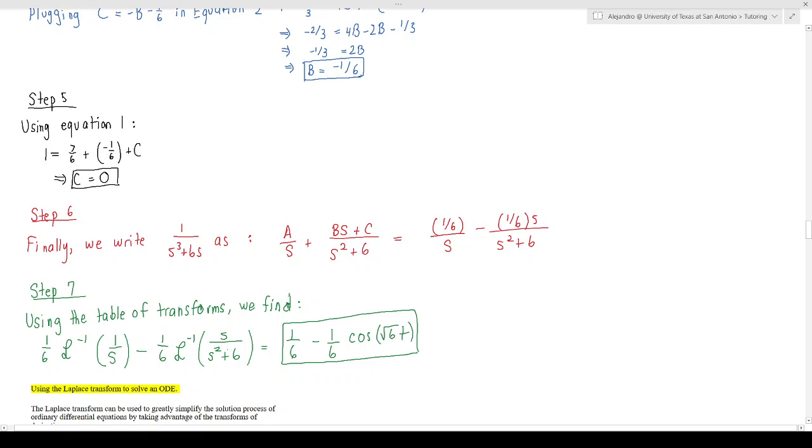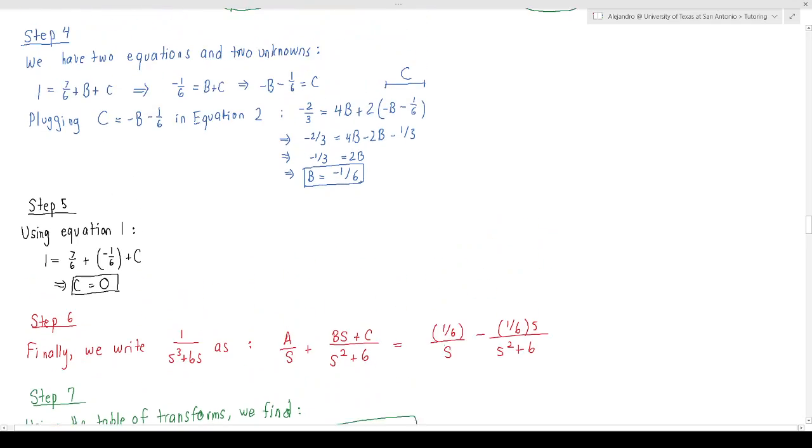Using the cosine inverse transform, we know that we have s over s squared plus k squared. In our case, 6 is equal to k squared, so k is the square root of 6. We do the substitution, and we end up with cosine of the square root of 6 times t. Putting it all together, we have 1 over 6 minus 1 over 6 times the cosine of the square root of 6 times t.